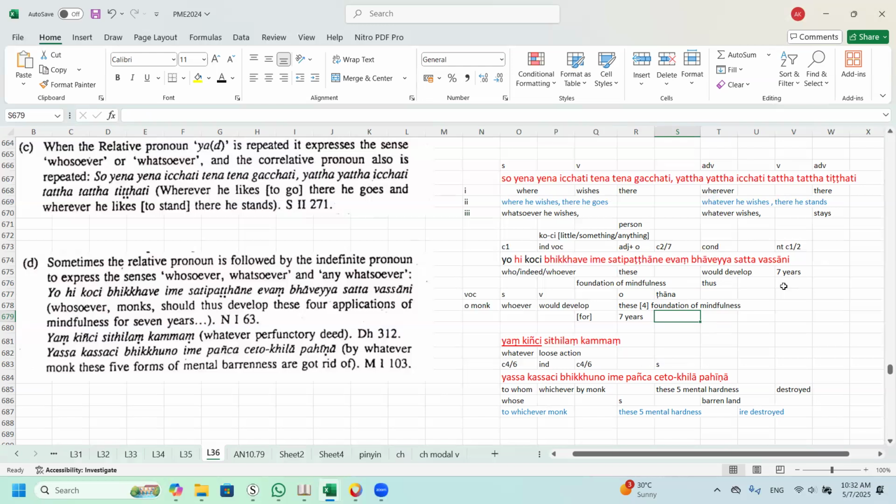All right. And can you see this is an object. This is also an object because this is a neuter form. This is a neuter noun. Vassani. Vassani means years. This is satta, 7 years. So that means there are two objects. One object here. That means, old monk, whoever develops this four foundations of mindfulness for 7 years.